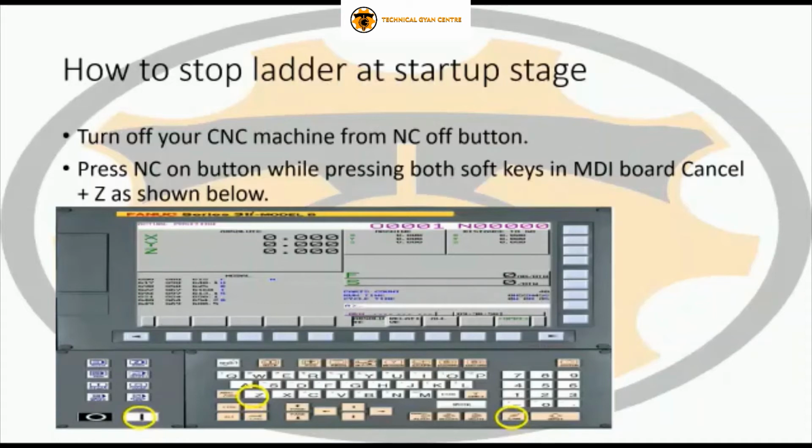This will stop your CNC ladder startup process, and now you can change any parameter. After changing the parameter, just turn off your CNC machine and turn it on again. Now the ladder will boot with the changes you have made on the system.